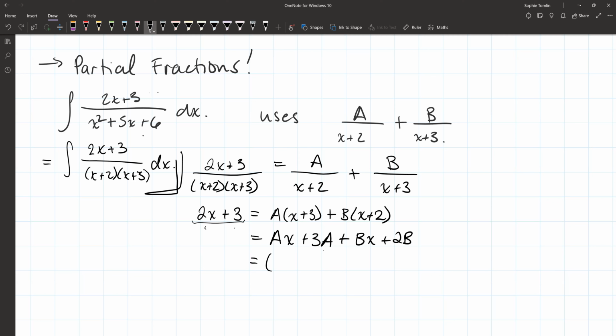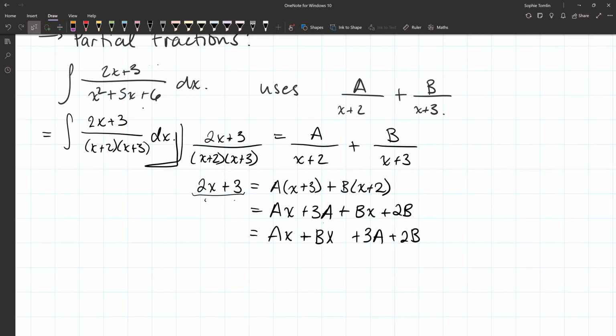We have ax plus bx, and then 3a plus 2b, so we get (a plus b) times x plus (3a plus 2b). This is going to be our constant term.